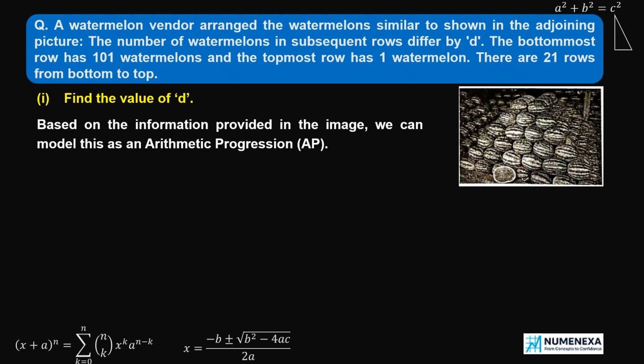At the bottommost we have 101 watermelons, and at the topmost we have 1 watermelon, and there are 21 rows from bottom to top. So the first term from the bottom, a, is equal to 101.